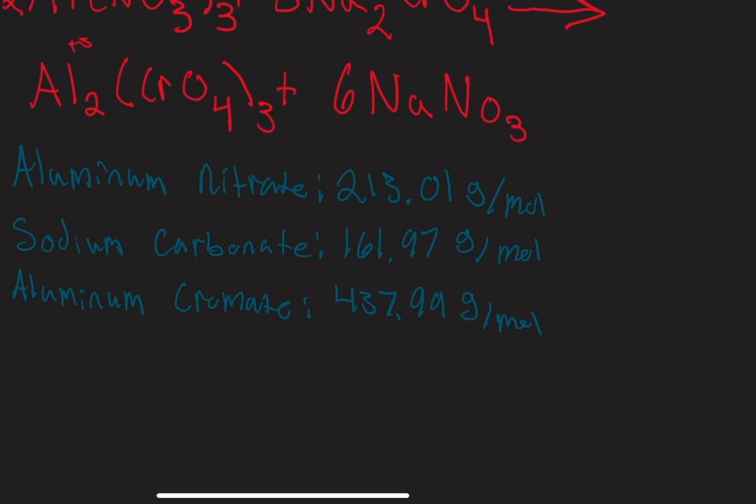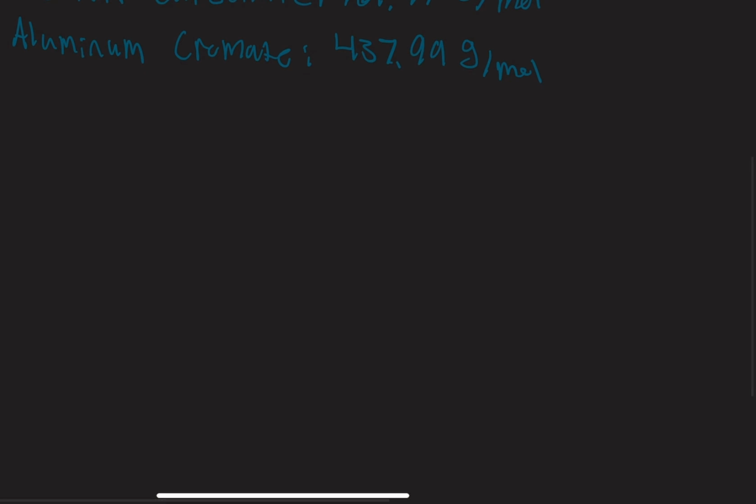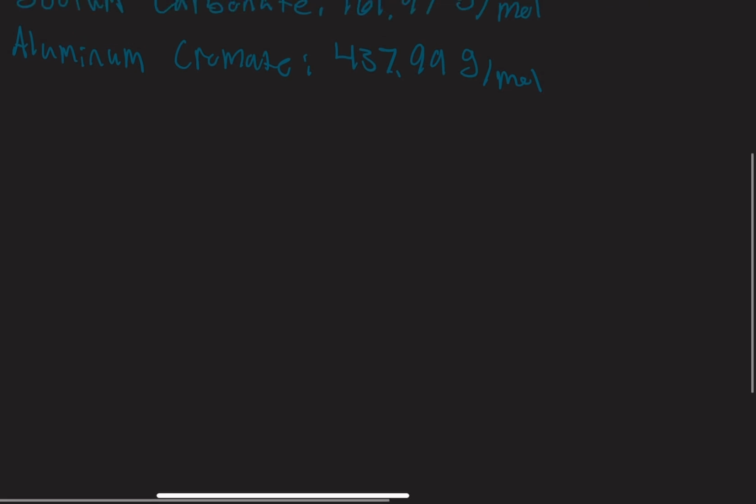Okay, now that we have all our information written out, we can start finding the theoretical yield. Next we're going to set up the equation for moles of reactants. Oh, it's supposed to be in red.